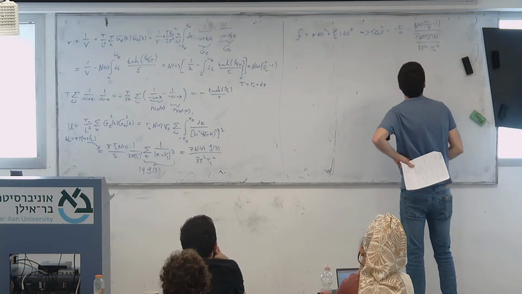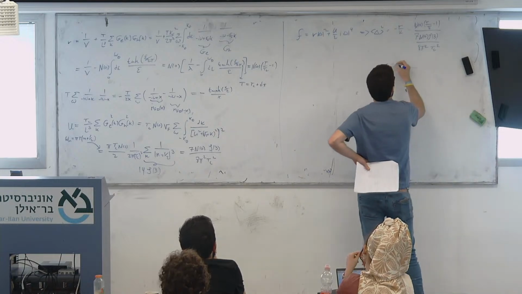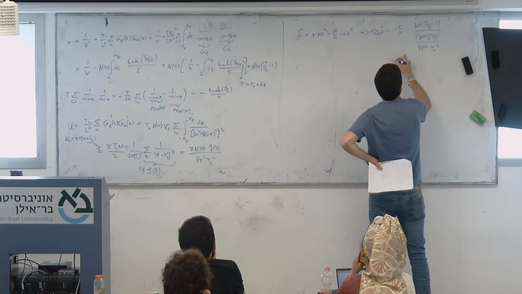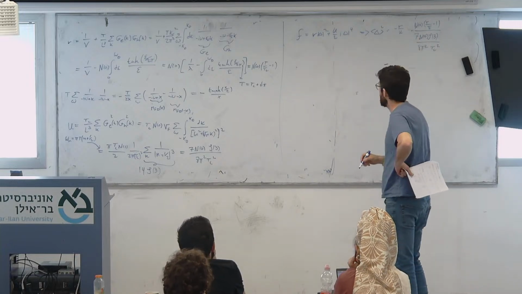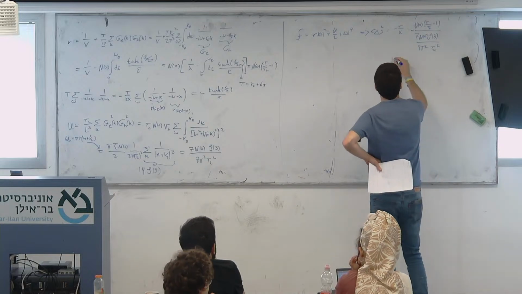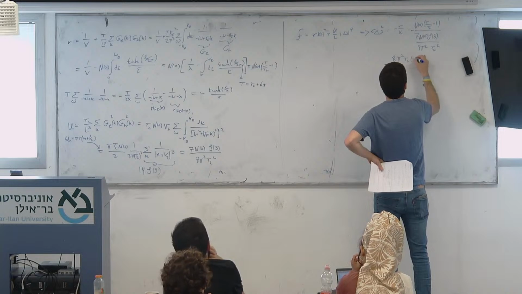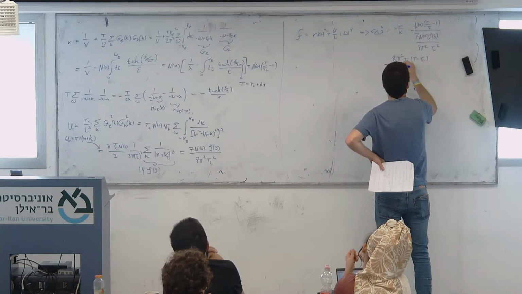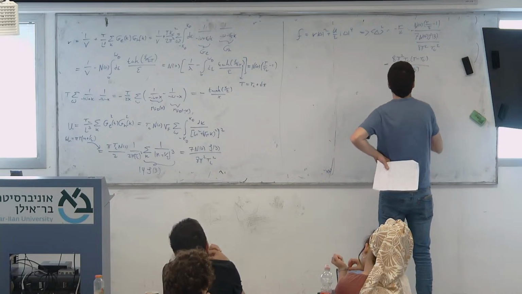So this and this cancel, and overall we get 8 pi squared Tc, (T minus Tc), divided by 7 zeta of 3.